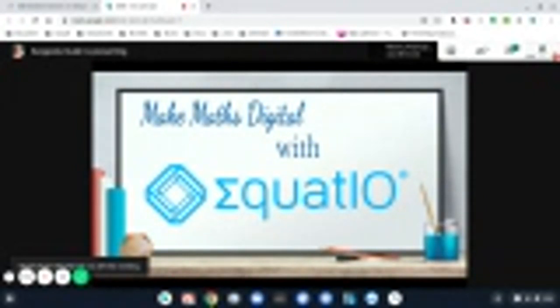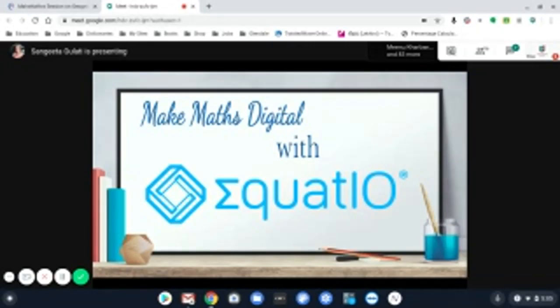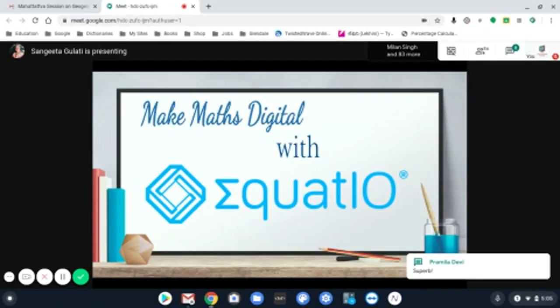Simple typing you are doing, but for math teachers it is a completely different world. So from the website, and this is a tool which you need to show hands on.